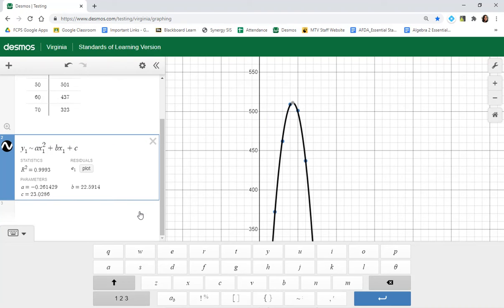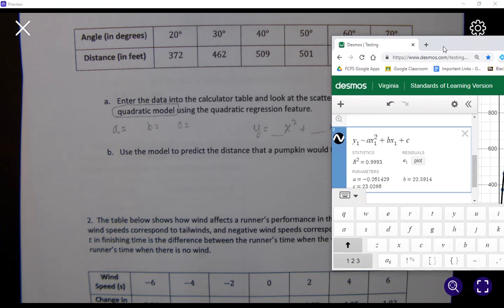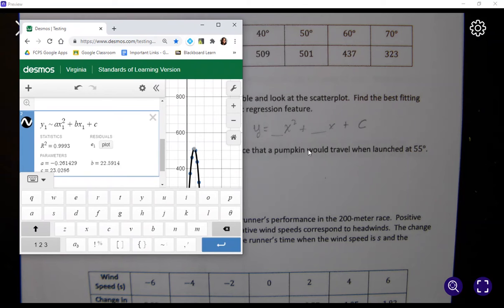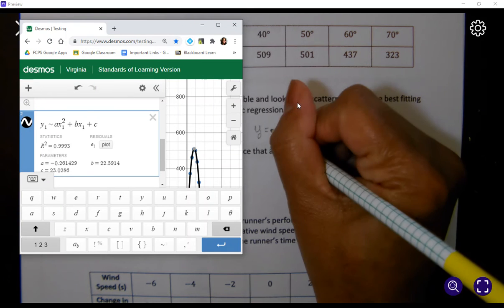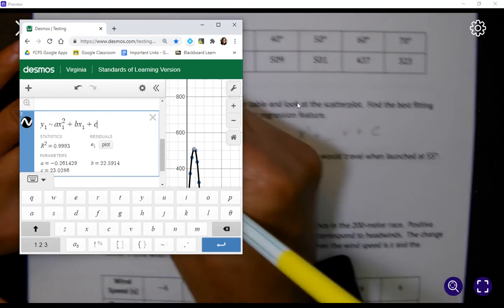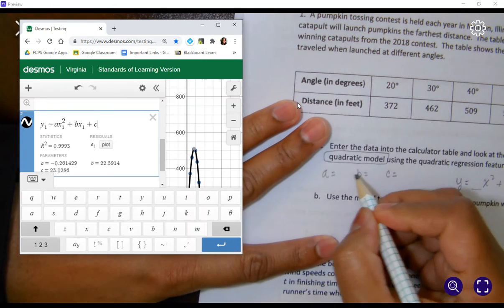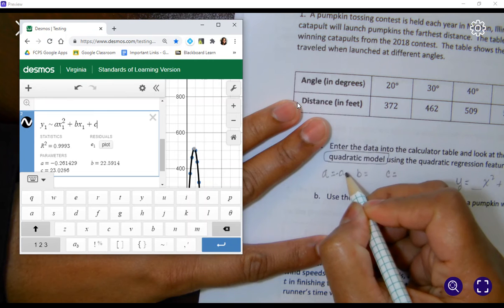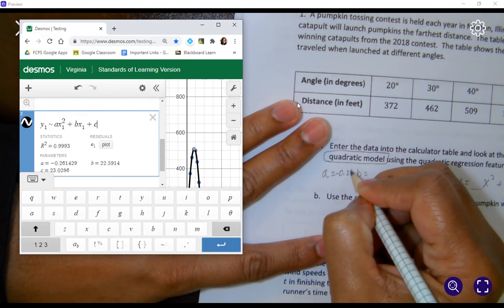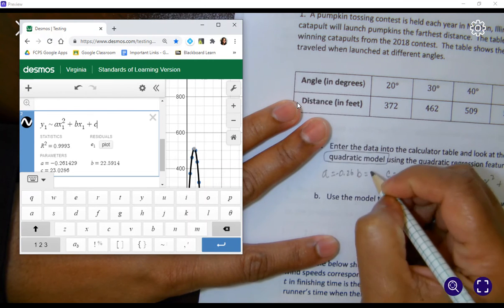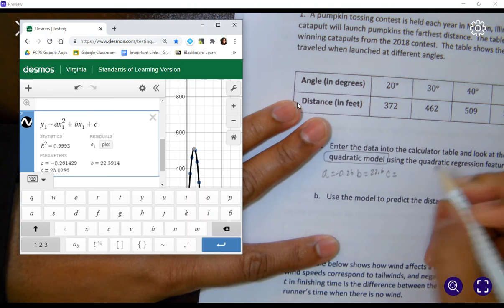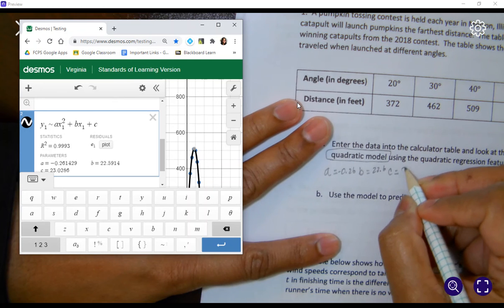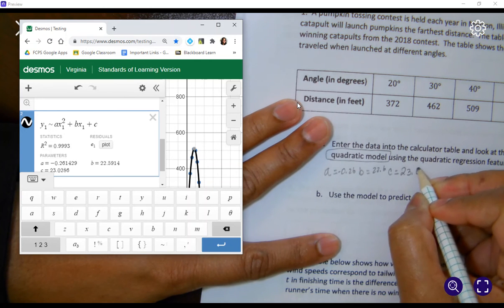So a is equal to negative 0.26, b is equal to 22.6, and then c is equal to 23.0.